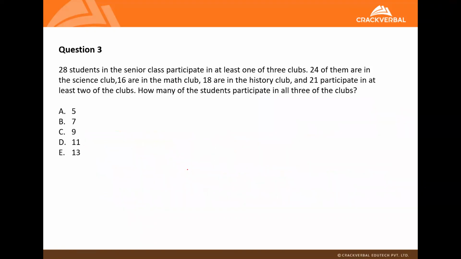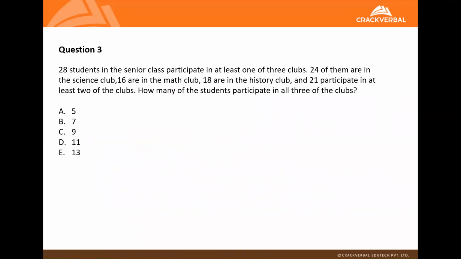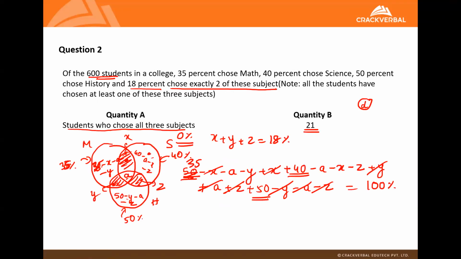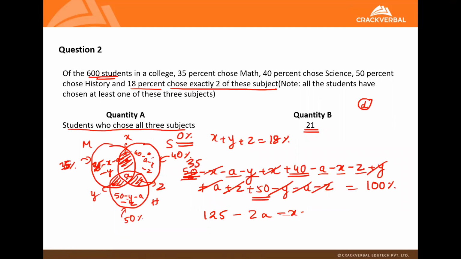This is 35, so this has to be 35 minus x minus a. So 35 plus 40 plus 50. 50 plus 40 is 90. 90 plus 35 is 125. So 125 minus a is minus 2a, minus x minus z and minus y is what I have here. So minus x minus y minus z has to be equal to 100%.